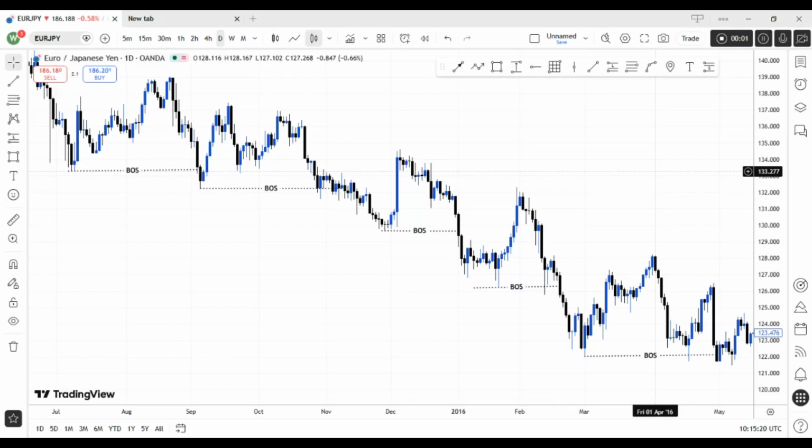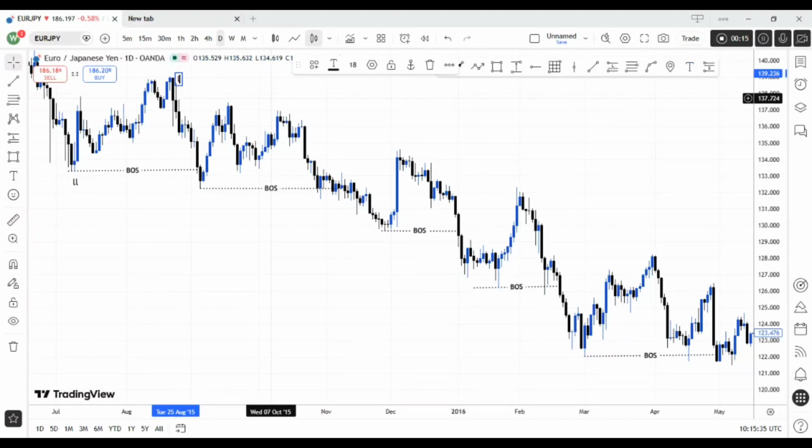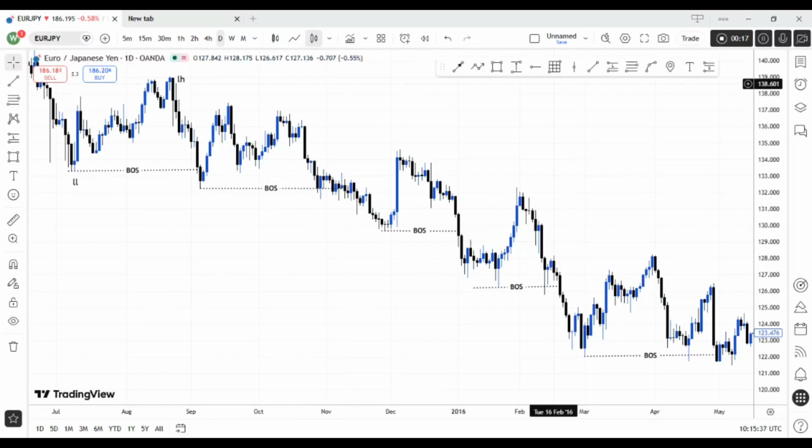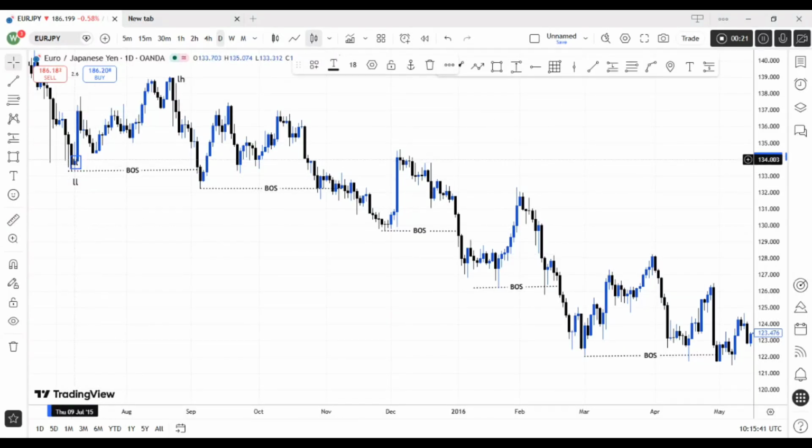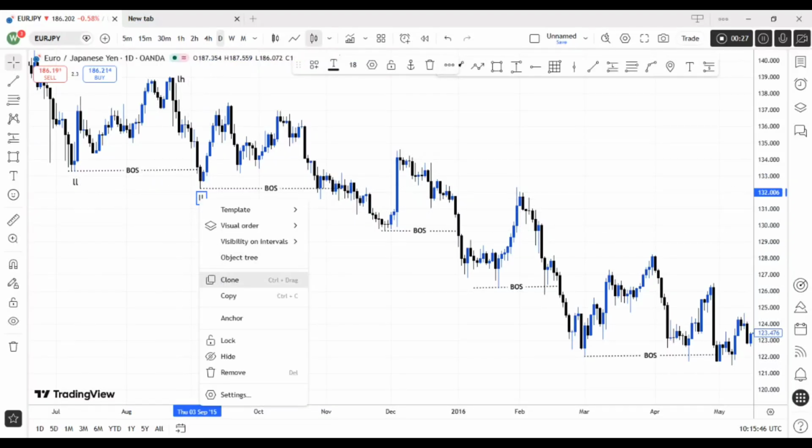On a downtrend market structure, as we said before, the market forms a series of lower lows and lower highs. Now the market goes on forming a series of lower lows and lower highs.